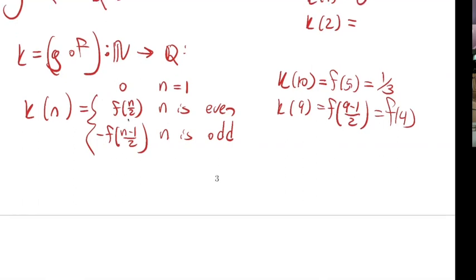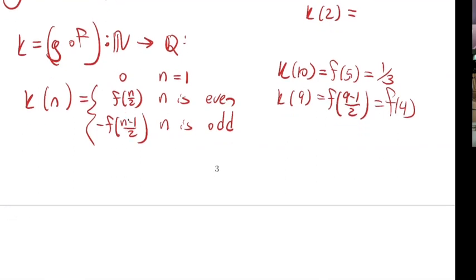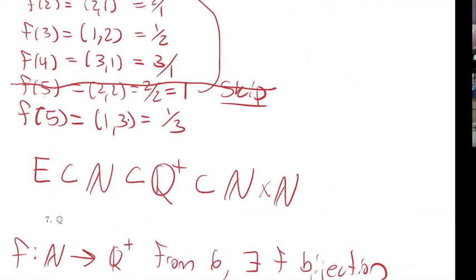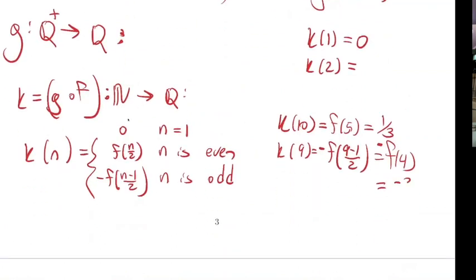So I need to put a negative sign outside of there. So like k of 9 is telling me, since 9 is odd, I would get minus f of 9 minus 1 over 2, which would be minus f of 4. And that would give me, for example, minus 3.